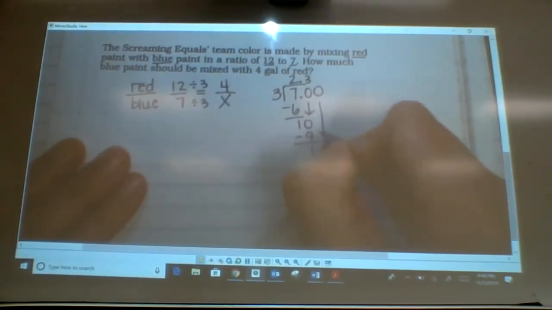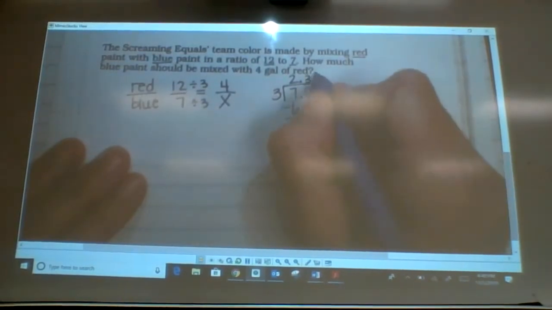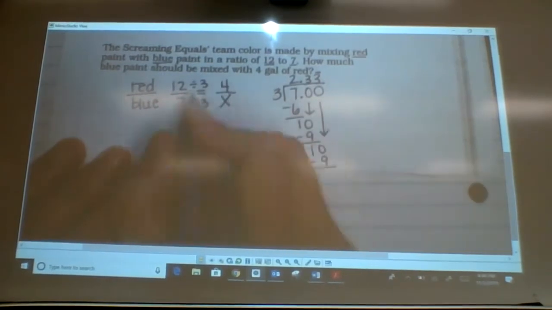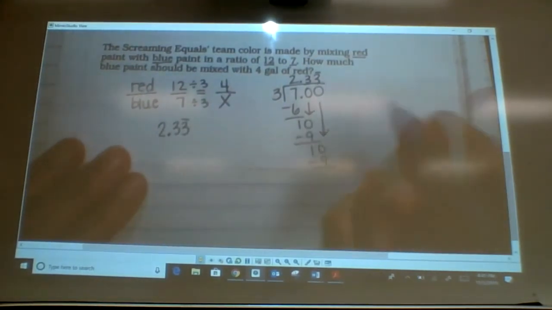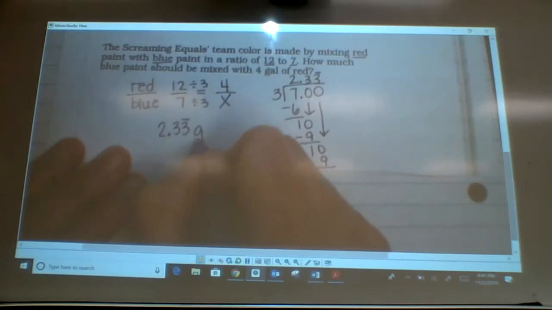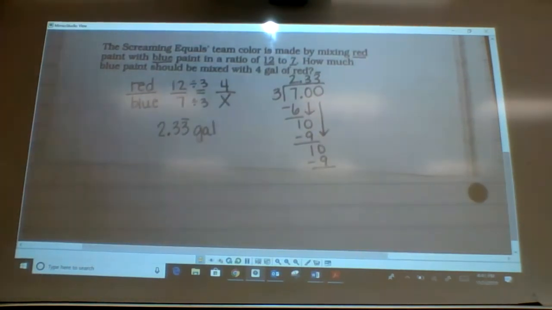It's going to be another 3, and it looks like we have the repeating decimal. So our answer to the question is he will need 2.33 repeating gallons of blue.